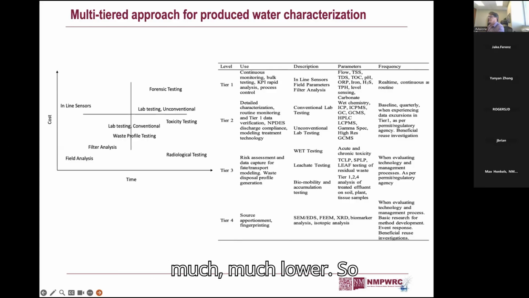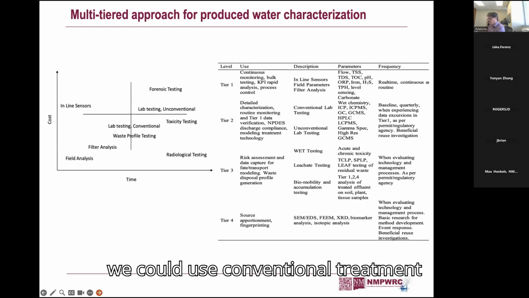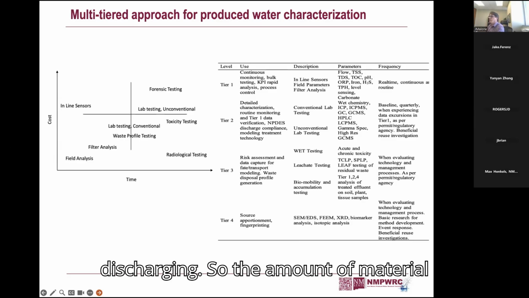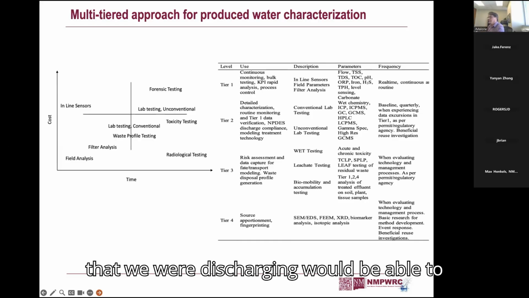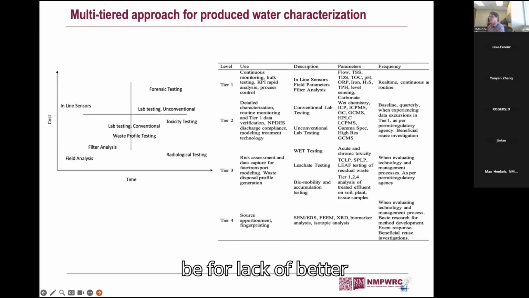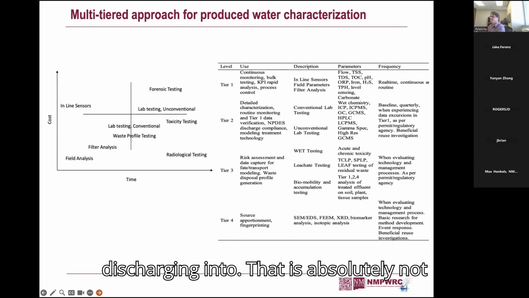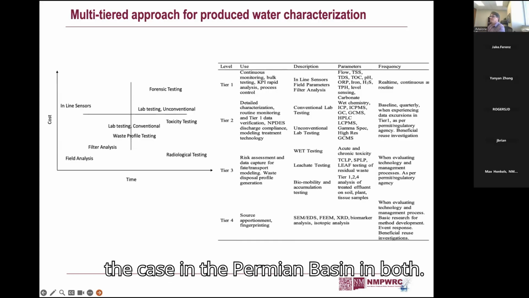The TDS was much lower, so we could use conventional treatment technology, and the amount of material that we were discharging would be able to be, for lack of better terms, diluted by the relatively large volume that we were discharging into. That is absolutely not the case in the Permian Basin.